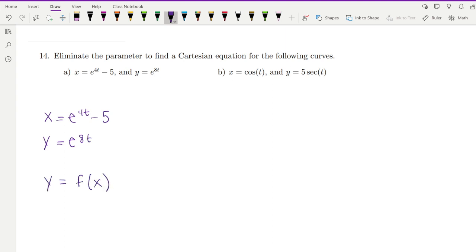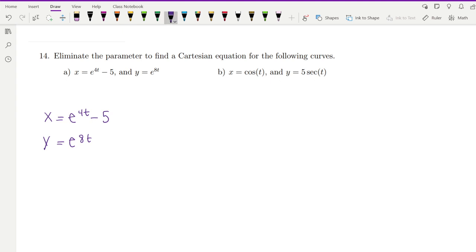That's our goal. So in a lot of these, the good approach to take is to basically solve one of them for t and then plug it into the other one. However, that's not really going to be a good approach here. And the reason for that is that solving this for t is kind of complicated, right?